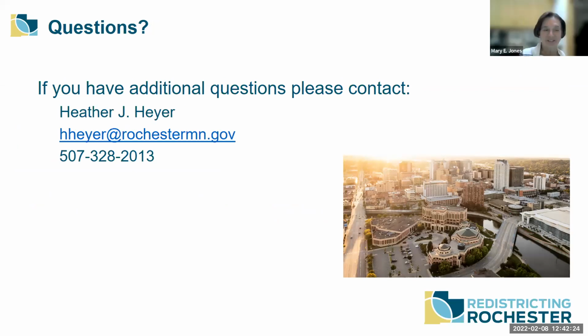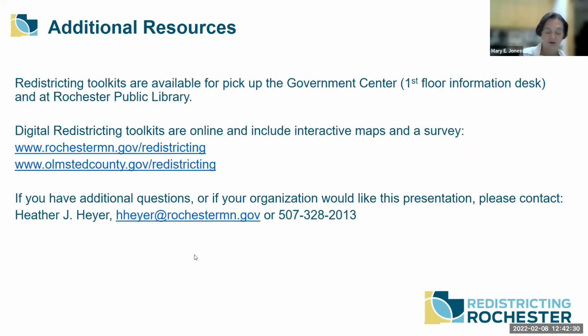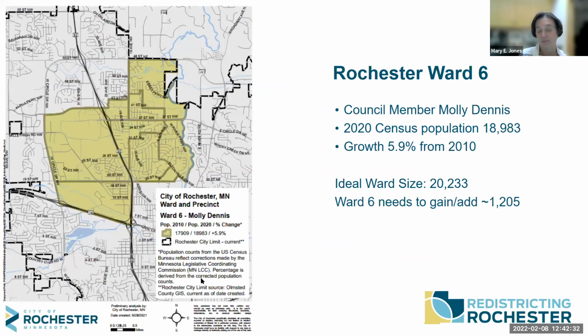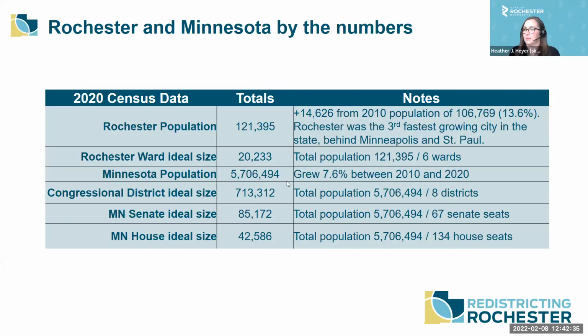Yeah, I have a question about the ideal ward size. Is there an idea? It's the Rochester population divided by 6. Yes. But then is there an ideal precinct size that you try to get to? I know the least changes is a big issue, but there's just been a lot of change in certain areas as far as who lives there, but also the number of people.